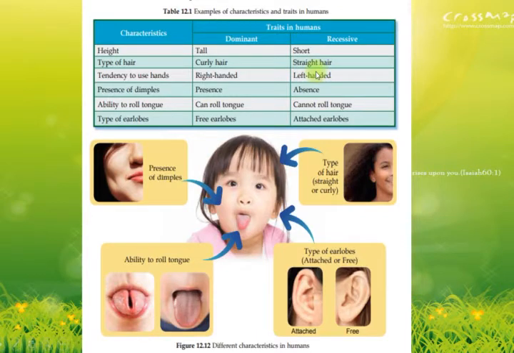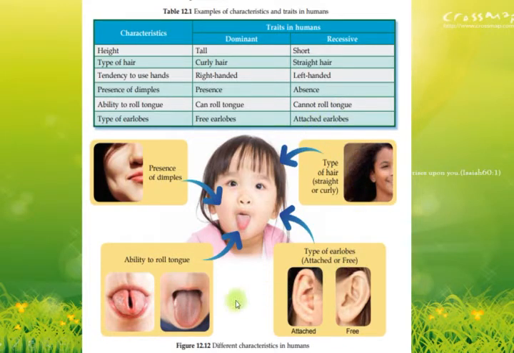Presence of dimples: the dominant trait is presence of dimples, and absence of dimples is the recessive trait. Ability to roll the tongue: being able to roll the tongue is dominant, not being able to is recessive. Types of earlobes: the dominant trait is free earlobes, and the recessive trait is attached earlobes.